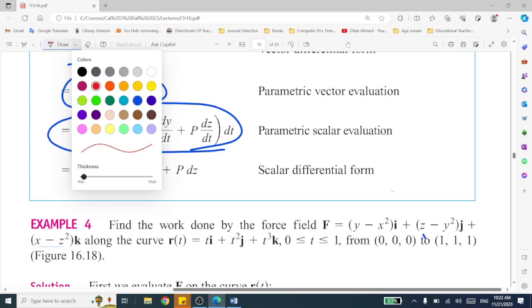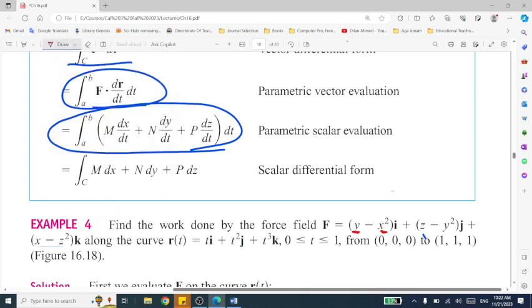Multiply. Use y here, x here. y is t square, x is t, so t square minus t square. Then j, and z here: plus t cube minus y.